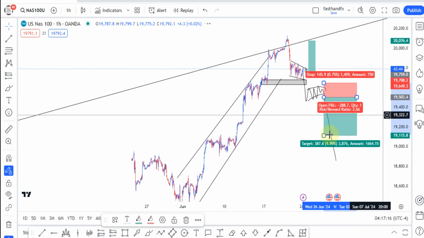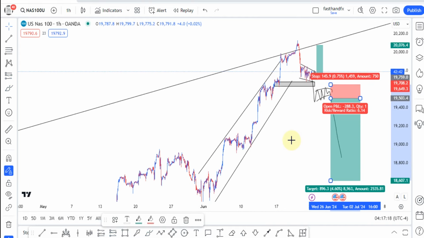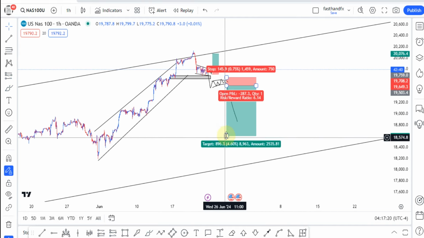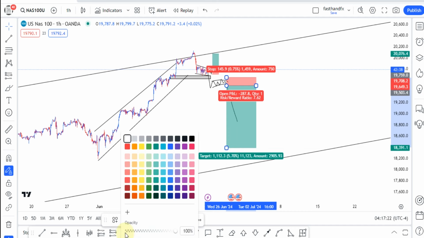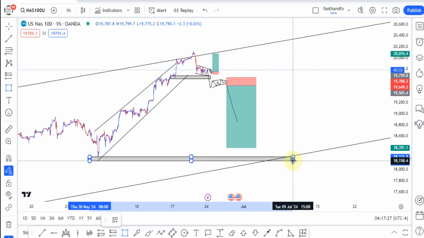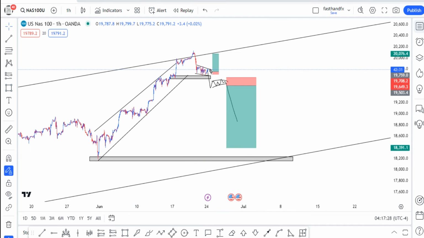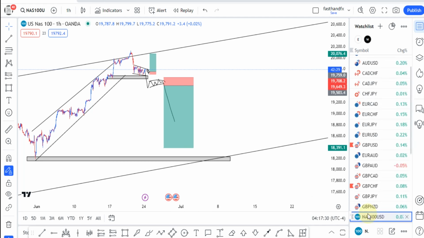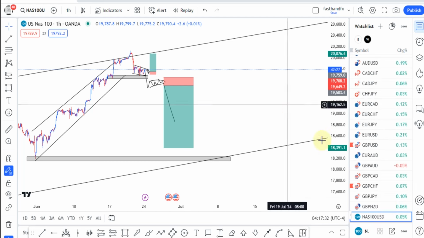If you don't see one, let it go. So it's either we buy or we sell. Something like this, and of course have your stop right there, no problem. That's it. I'll need to add Nas100 to my watch list.